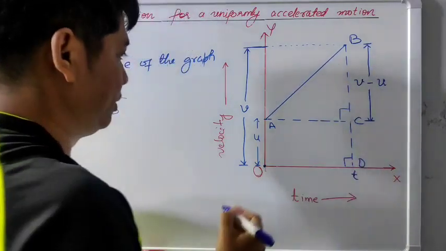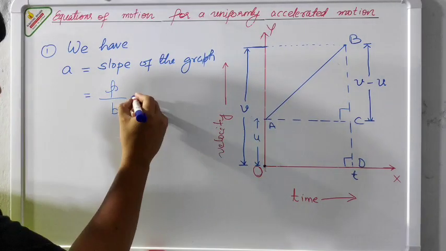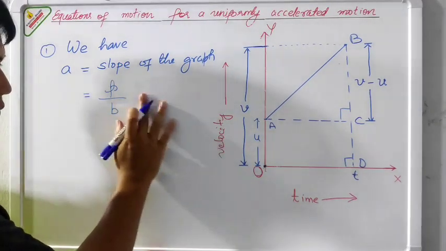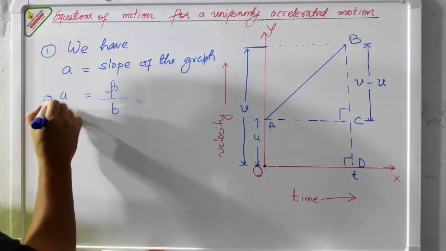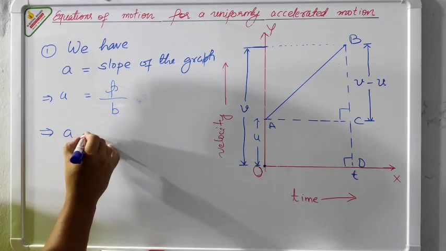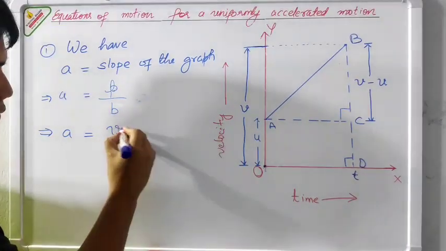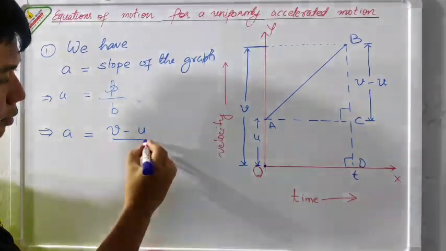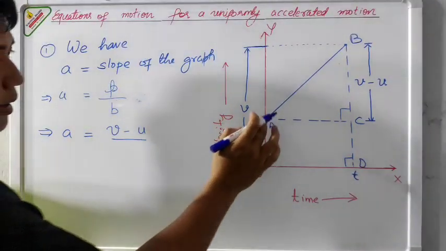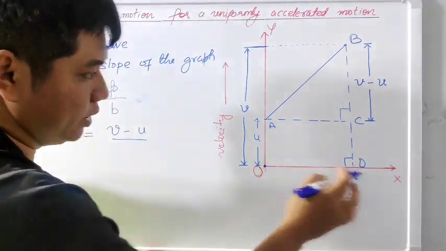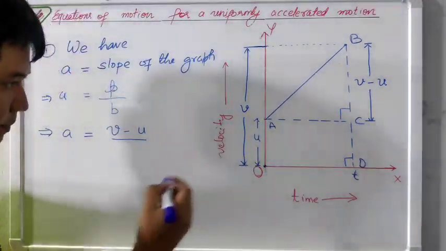That is the perpendicular. Alright, implies a equals p, the perpendicular, which is v minus u, over the base AC, which is equal to time t. AC is t.